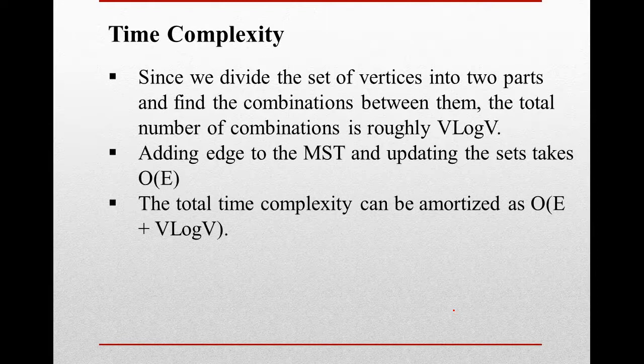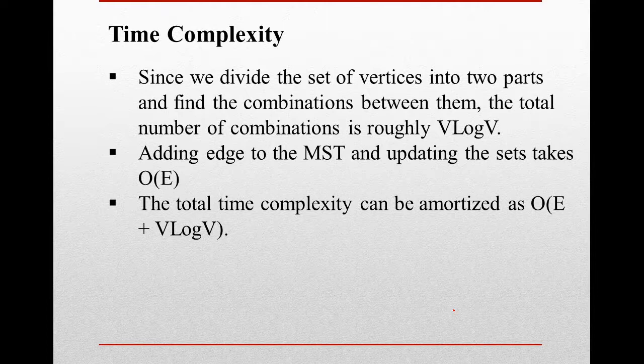So the time complexity is again the mathematical part. So we need to find out all the combinations. Since we are dividing it into two sets and we are trying to find the number of combinations, that can be roughly calculated as V log V. The mathematical portion is skipped because that is not really within the purview of this particular session. So obviously we just need to have a basic overview of time complexity.